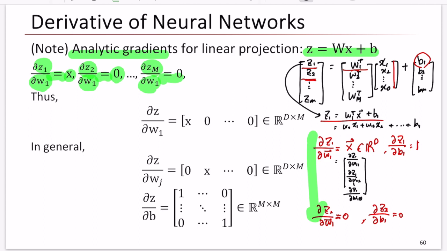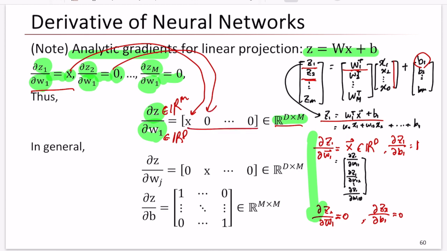Thus, the gradient of Z in terms of W1 should be a T by M matrix, where Z is in our M space and W1 is in our T space. It's going to be the vector X and then the zero vectors, and so on. So this is Z over W1.